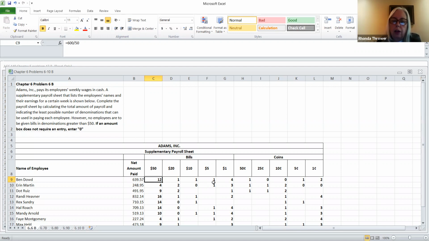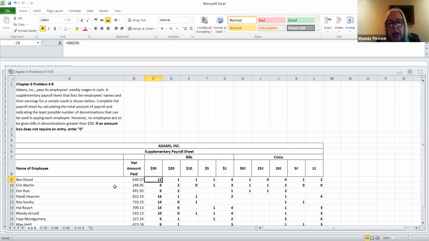So we need one $5 bill, and then we need 4 $1 bills to bring it up to $639. And then for 57 cents, we'd need one 50-cent piece, and we would need 1 nickel and 2 pennies to pay him his entire $639.57.